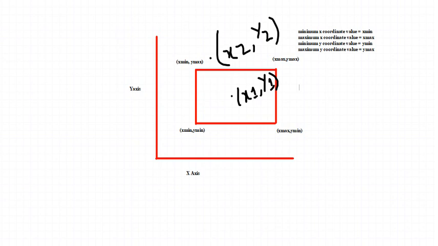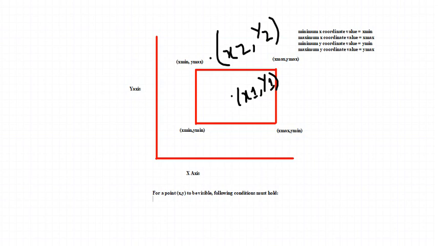For a point x, y to be visible, the following conditions must hold. And what are the conditions?